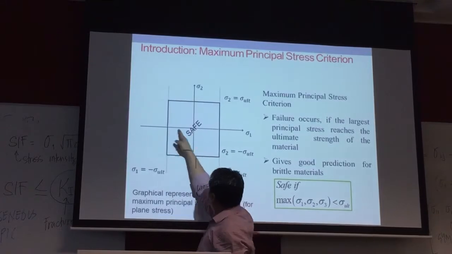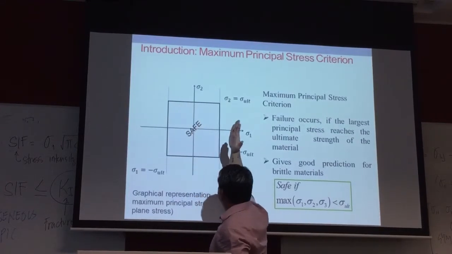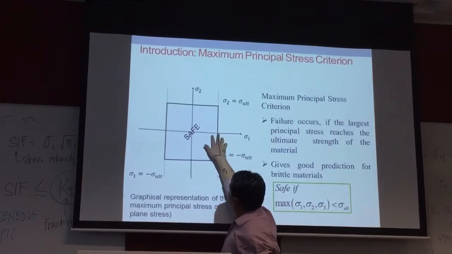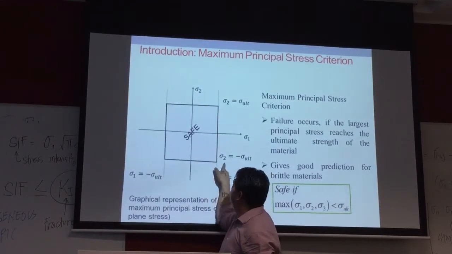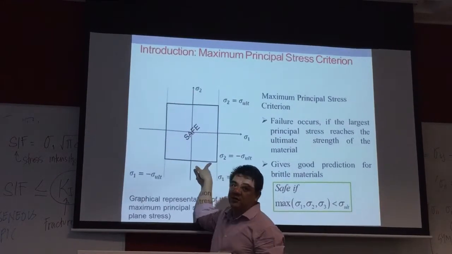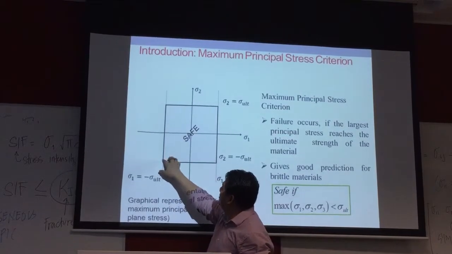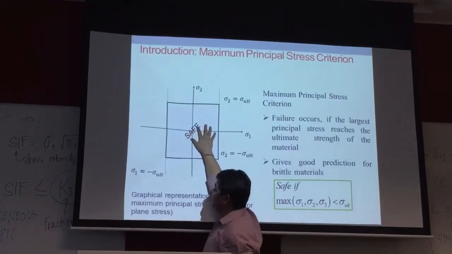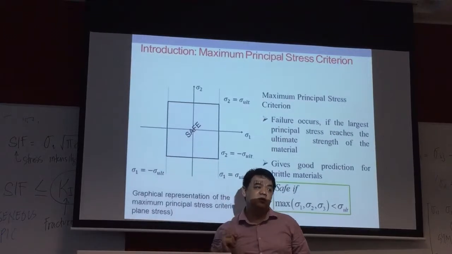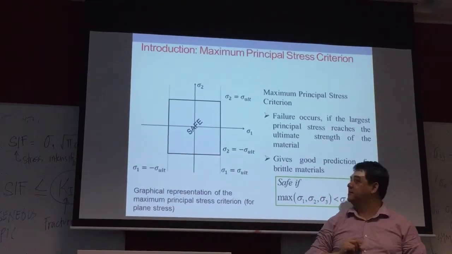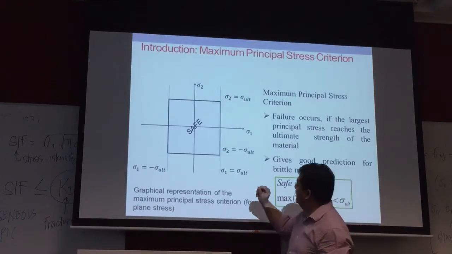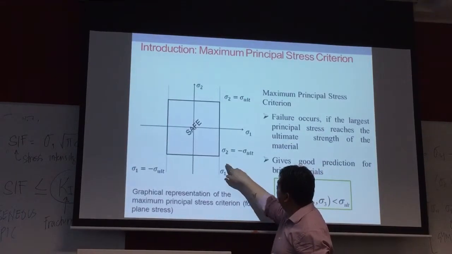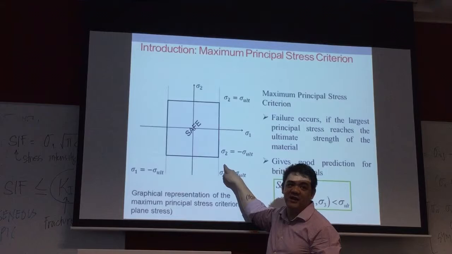Okay, so you have your axes sigma 1, sigma 2. That's the value for your principal stress 1, the value for principal stress 2. Then you draw that square or rectangle. So this is the so-called safe zone. If you're somewhere outside, then you've failed.